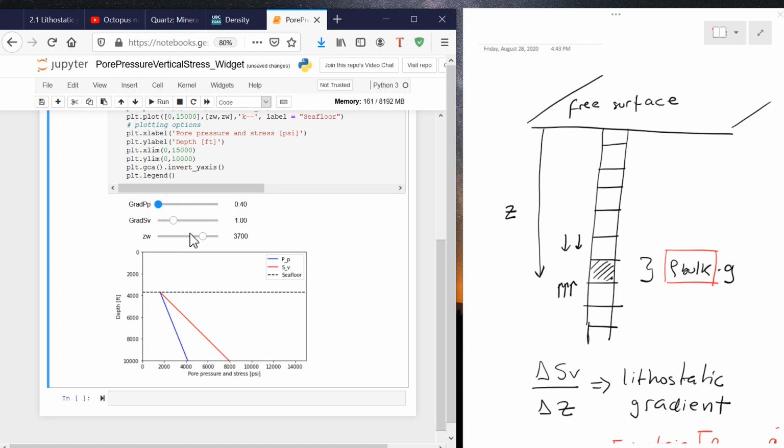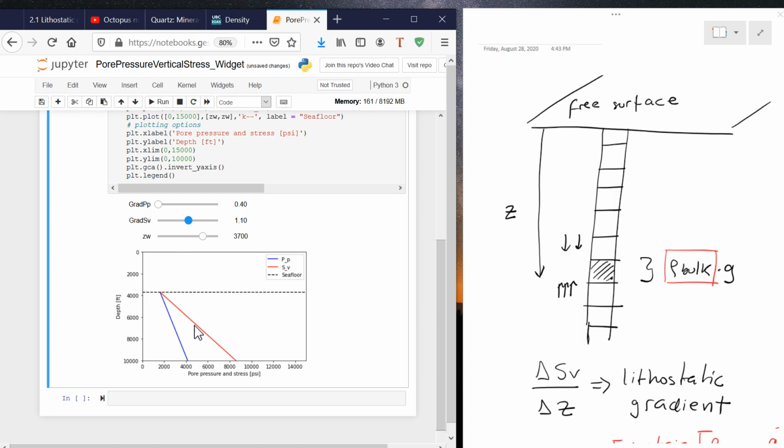But as we get deeper and deeper, the gradient is going to change. So if, for example, the rock were a little bit heavier, then this one will be a little bit higher, and the vertical stress would increase.